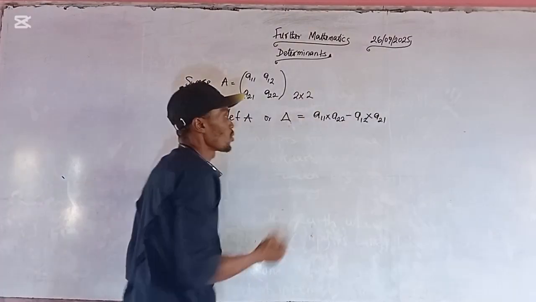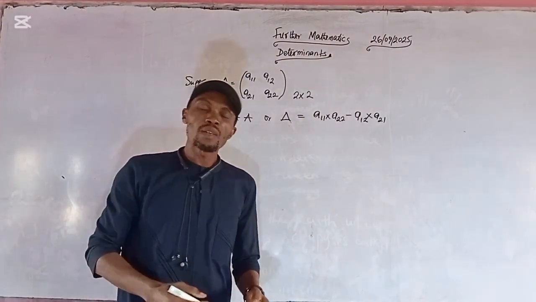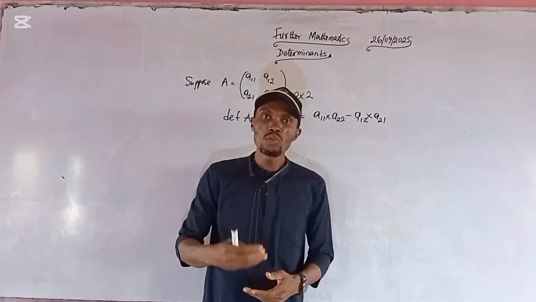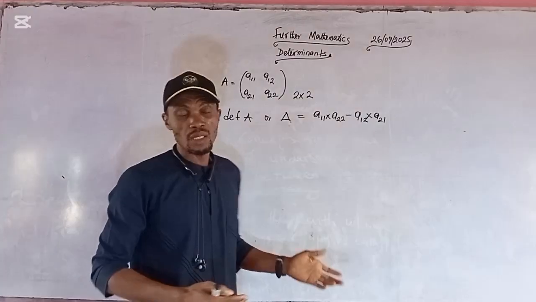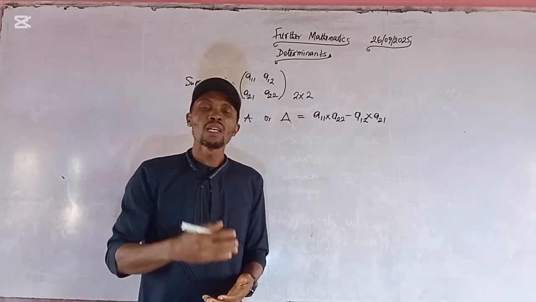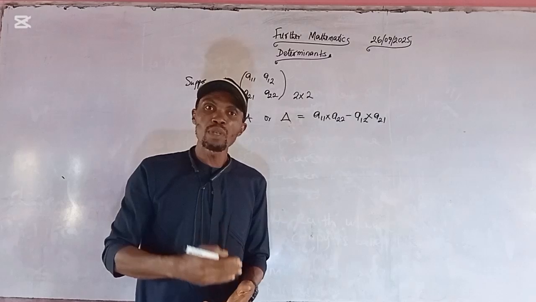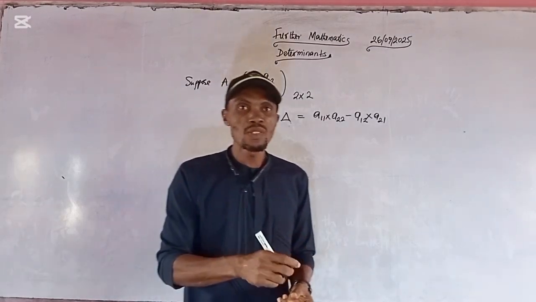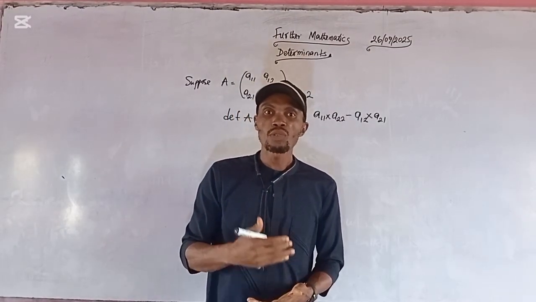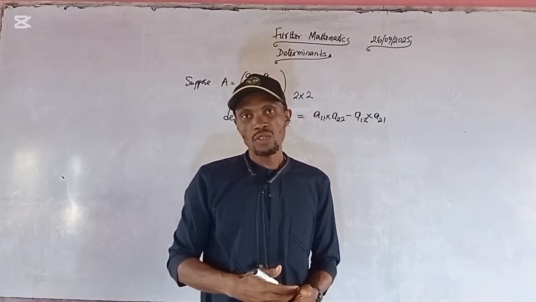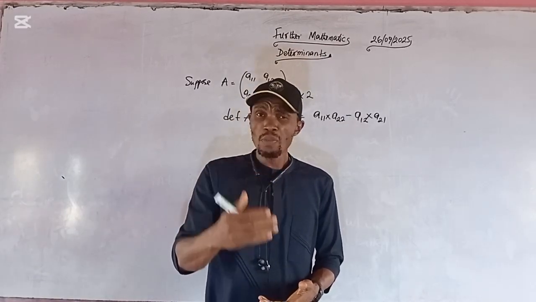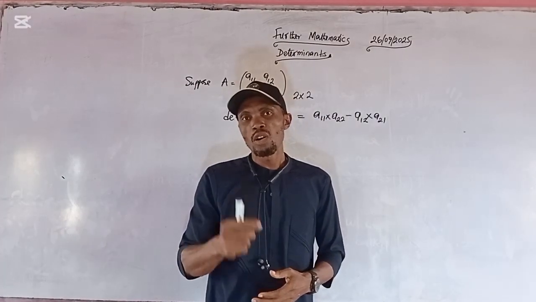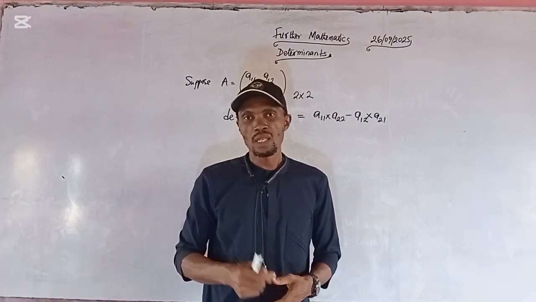However, when we talk of determinants of a square matrix that exceeds a 2 by 2 matrix, such as a 3 by 3 matrix, we have to consider the minor determinants and as well the cofactor of each of the elements in the matrix before we can talk of the determinant of the matrix. So just keep abreast with me while I introduce you to the core subject of determinants of 3 by 3 matrix.